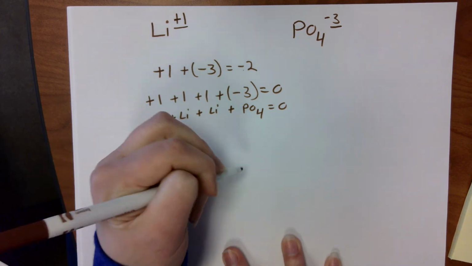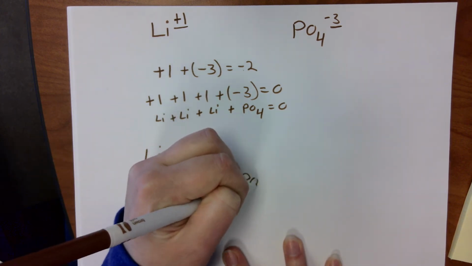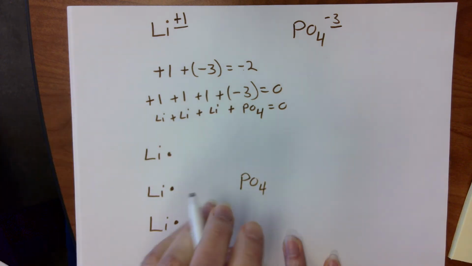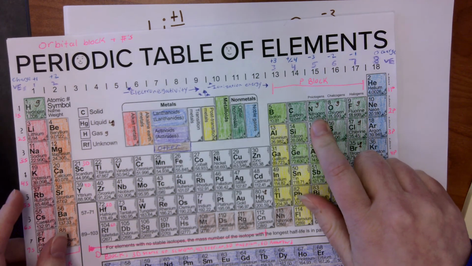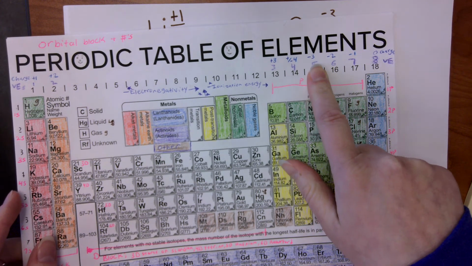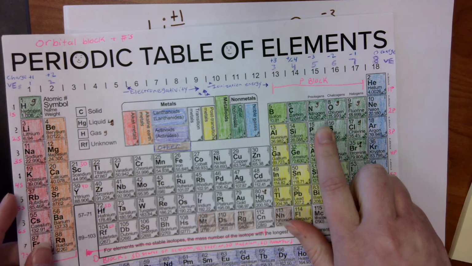And you have phosphate, which is essentially like another -3 ion, like nitrogen, because remember they have a -3 charge.